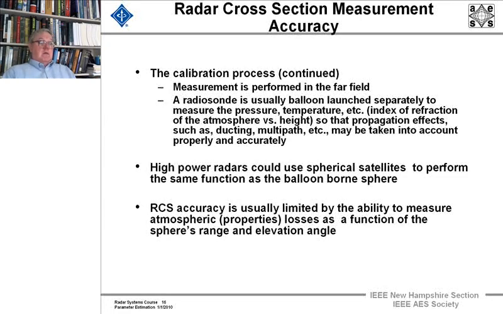Because if you put the radiosonde up at one particular location, you're usually going to have a slant range to a satellite that could be tens of miles away or 100 miles away, and consequently you're measuring the atmosphere where you are and not everywhere linearly along the path. So it's the atmospheric properties that are going to limit your ability.